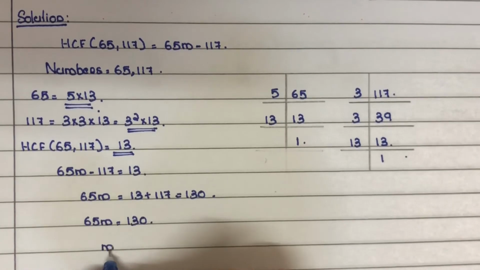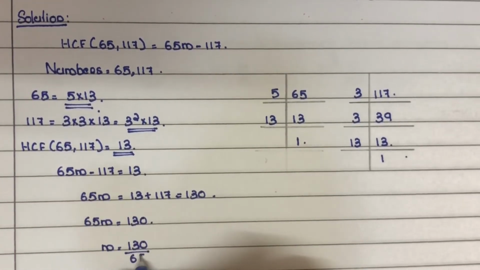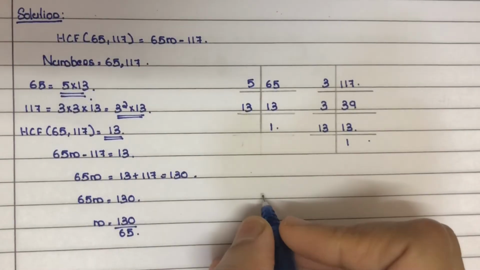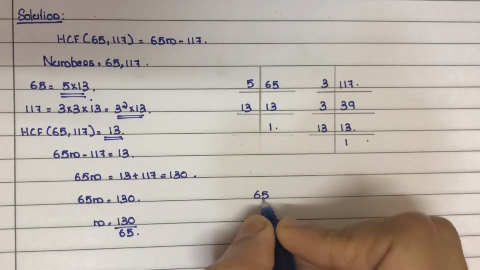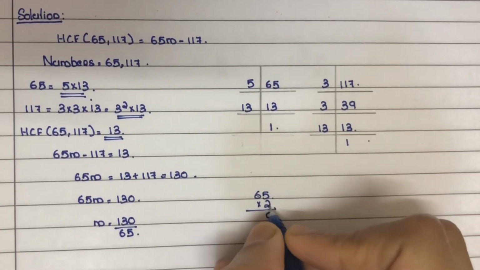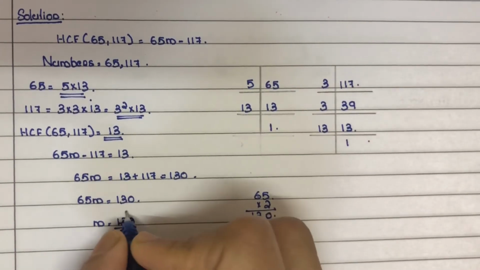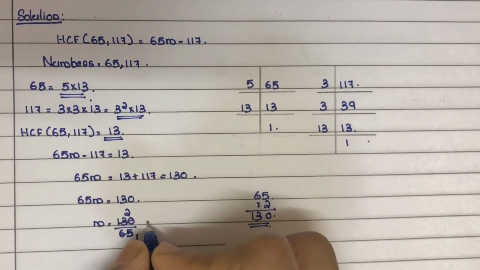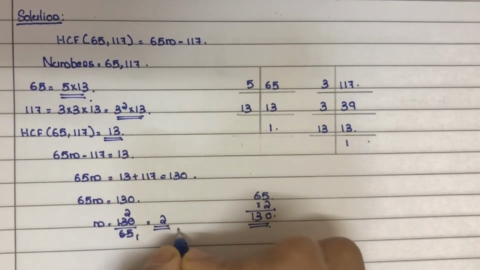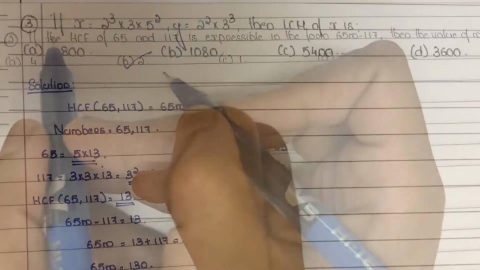Now m is equal to 130 by 65. Now 65 into 2: 5 2s are 10, 12 plus 1, 130. Okay, so 2. So the value of m is 2. So the answer is option B, 2.